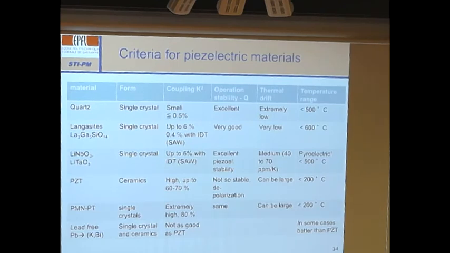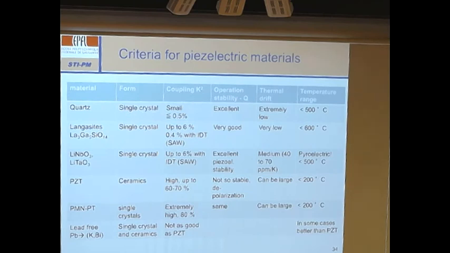Just to have an overview of materials from the point of view of properties, generally speaking, we have these materials. Quartz is evergreen, so to speak, a single crystal. It has no polar axis, so we cannot have ceramics. We must have single crystal. And what is very ironic, nature can do it.